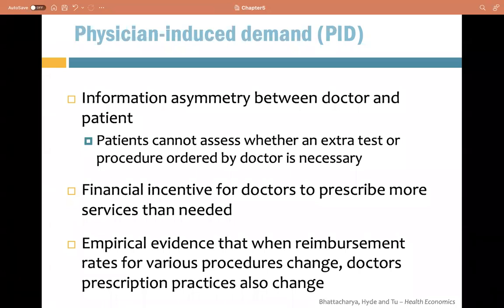If there are financial incentives for doctors, they will tend to prescribe more services than needed because they can get more payoff by doing so. And we have found a lot of empirical evidence that when the reimbursement rates for various procedures change, the doctors' prescription practice will also change.